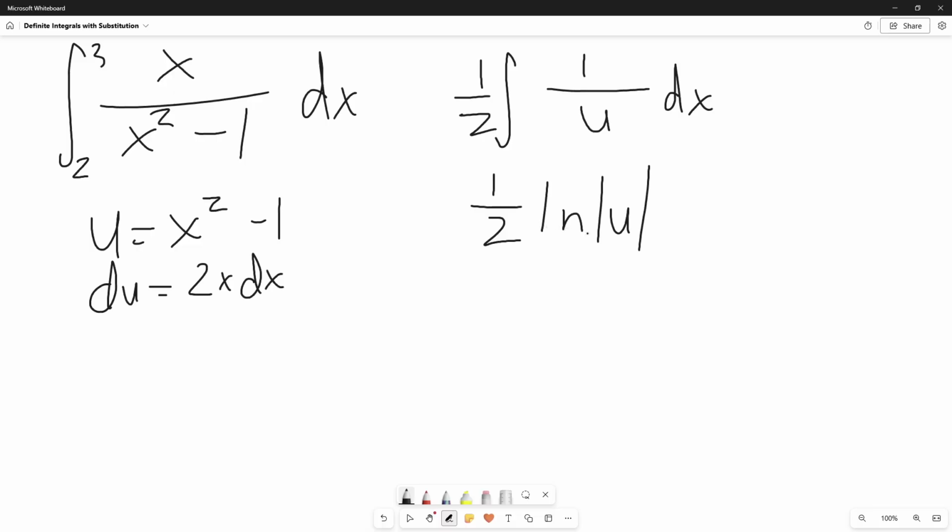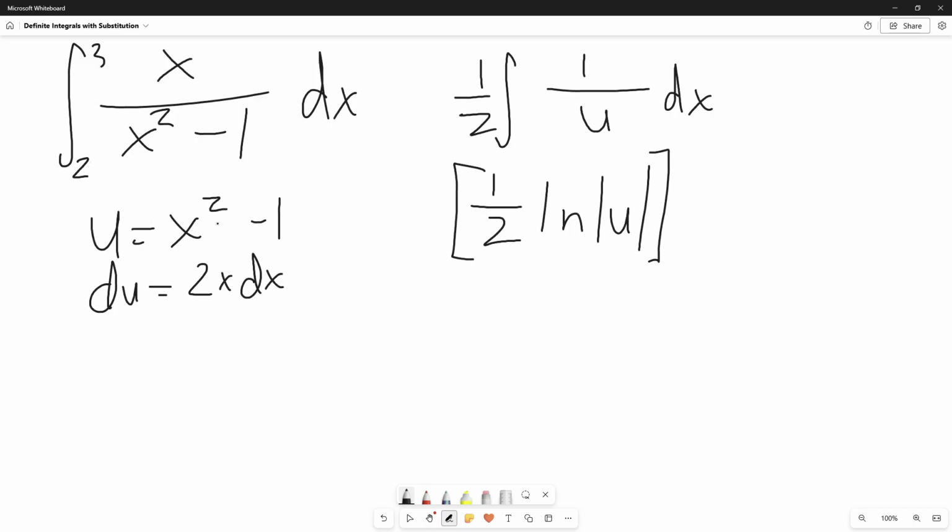And instead of plugging back x squared minus 1 into u and then doing the 2 and 3, what we can do is just keep the u in there and then change our bounds, because these bounds are for when our variable is x, so we need to change our bounds to when it's u.